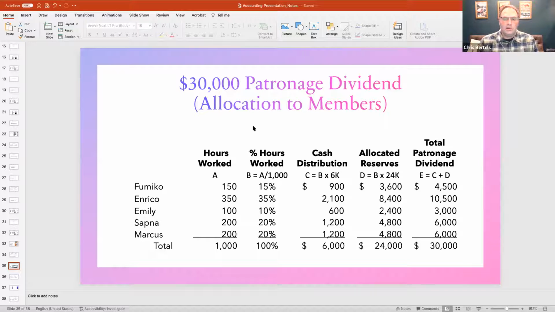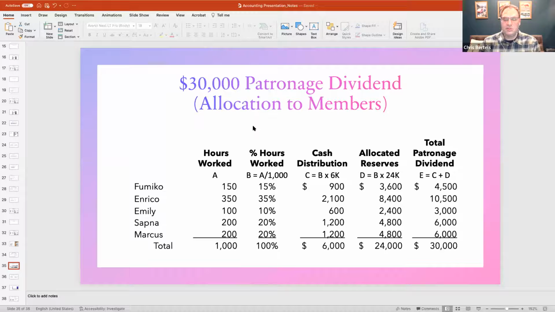If you remember, in the scenario, we defined patronage as hours worked. So how many hours the members worked is going to determine how much of the $30,000 they're going to get. Because remember, the $30,000 is basically at a co-op level, but the patronage dividend is going to be split between the individual members.